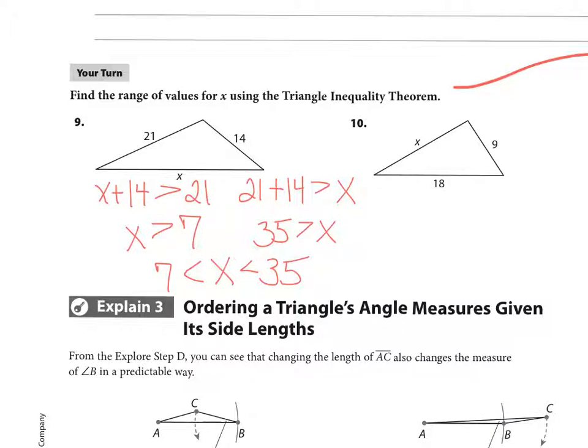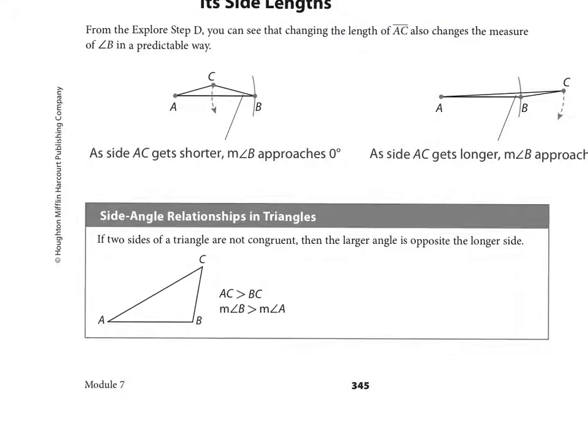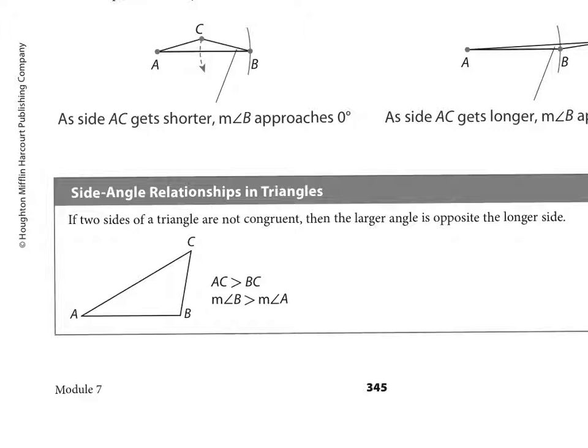So let's look down here at side angle relationships. And this says if two sides of a triangle are not congruent, then the larger angle is opposite the larger side. Okay?